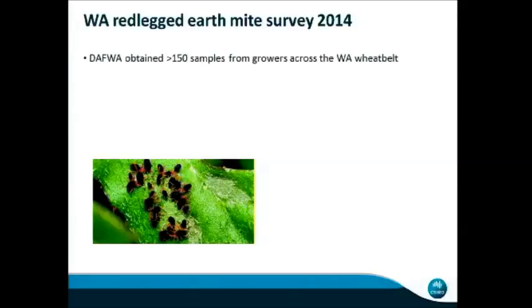So using this information then, there was a survey done, and we were able to piggyback on top of that. And DAFWA had over 150 samples from across the wheat belt. We just did DNA extractions from pooled mites, anywhere from 50 up to 200 mites from each sample.